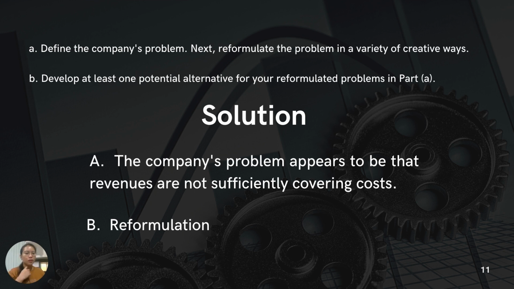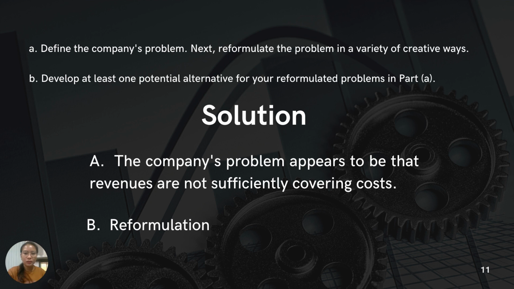Okay, so let's think of one potential alternative for these reformulated problems. But let's not think yet whether it is feasible or not; instead, brainstorm all your possible alternatives. Okay, the potentials.